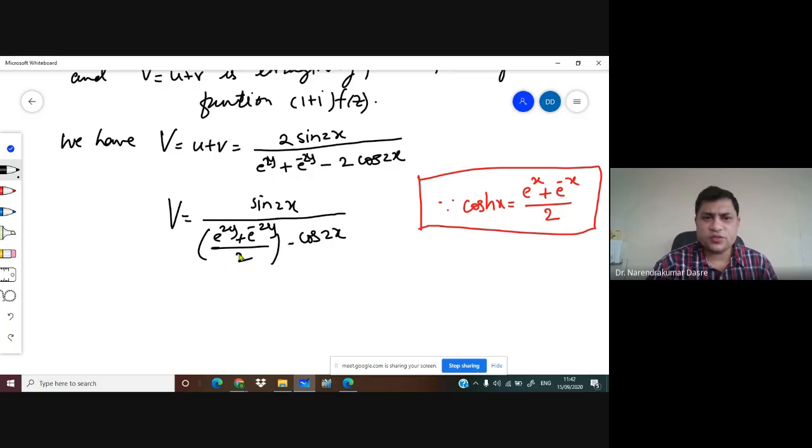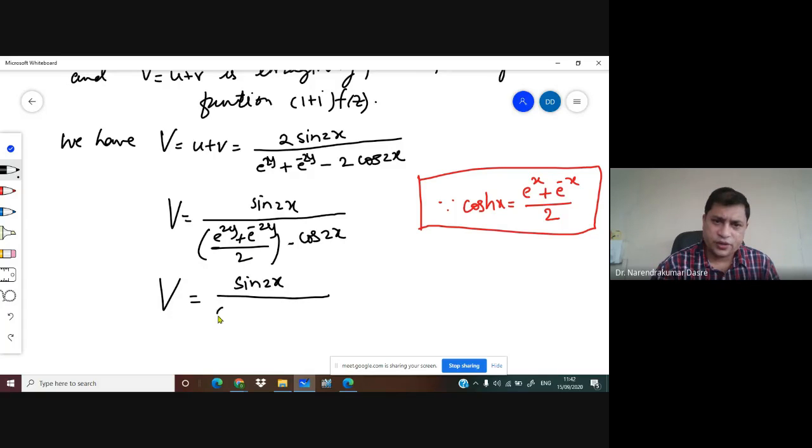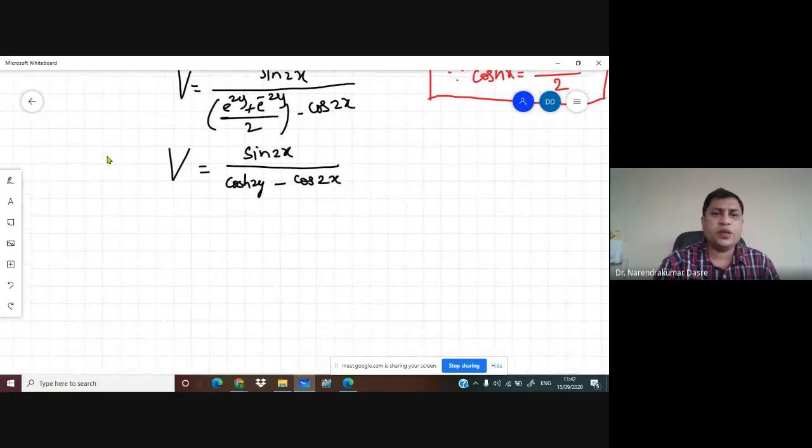Using this formula, this is hyperbolic cos of 2y. So we can say capital V is equal to sine of 2x upon cos hyperbolic 2y minus cos of 2x. This is actually your imaginary part V.